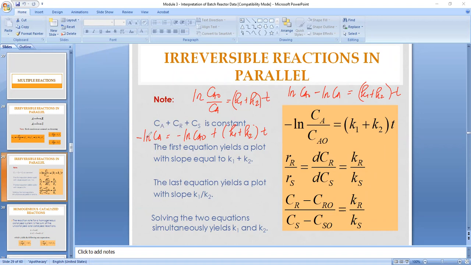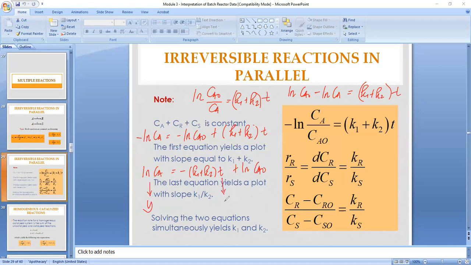We want to make this positive, so we multiply the entire equation by negative 1. So you will have ln of Ca equal to, so this becomes negative now, plus ln of CaO.